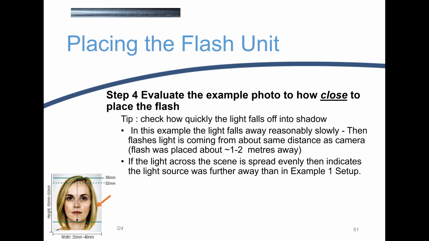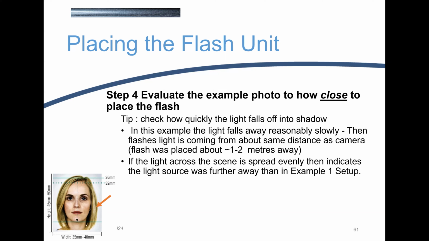So if a light source is really close up to somebody, the light falls away very quickly. You can see this by shining a torch on a wall: if you get up really close, you've only got the light for a very small area and the light falls off very quickly.